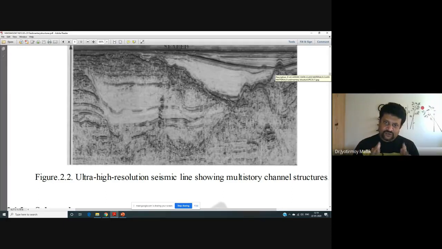So it is an erosional structure. So the channel morphology itself is an erosional structure, and the erosion is done by the channel itself, by the river itself. Now, of course, the sediment which is being filled inside the channel is depositional, but the channel morphology itself is erosional, is predepositional, right?